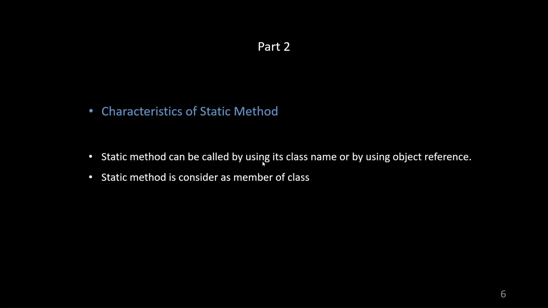That is the beauty of Eclipse. So you will understand when I'm discussing with the example program of static method. And the second one is that you know the static method is considered as a member of the class.